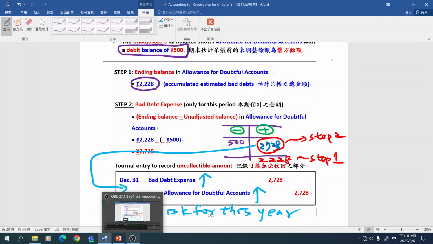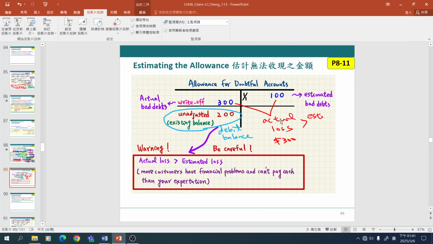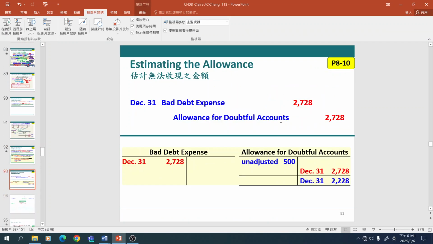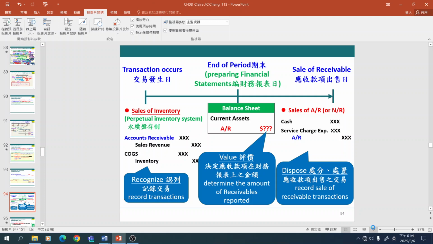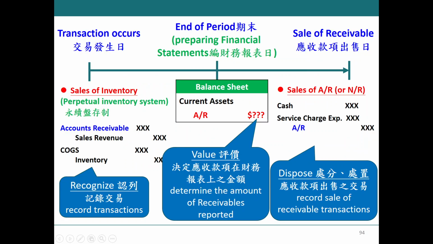So let's move on to our third issue. Go to your slide, page 94. So we've done the first one: at the beginning, we sell the products to customers. Customers didn't pay the money, right?